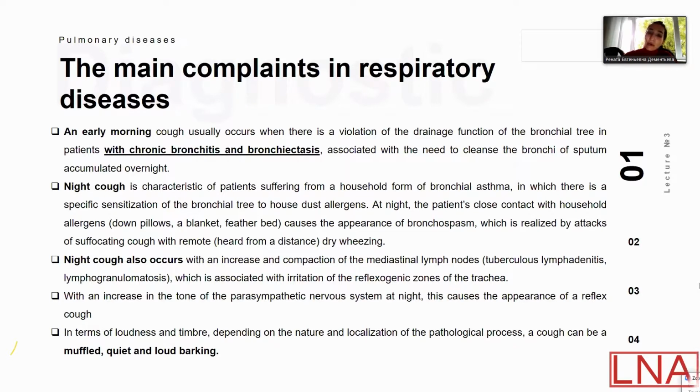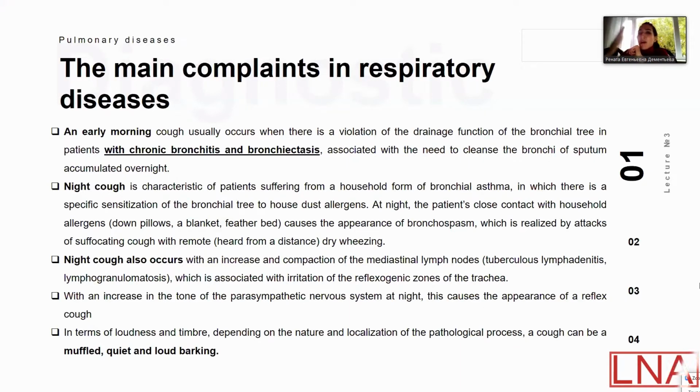About night cough. This is already the third characteristic of the cough, by the time of starting, or timing: early morning, and next, night cough. Night cough is significant of patients suffering from the household form of bronchial asthma, in which there is a specific sensitization of the bronchial tree to house dust allergens. At night the patient is in close contact with household allergens: damp pillows, blankets, feather bed.